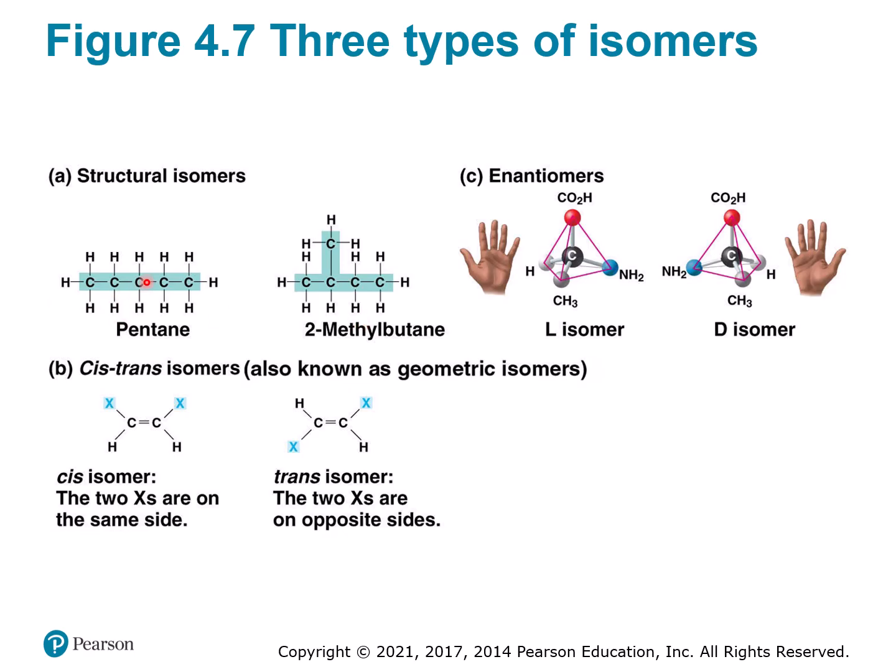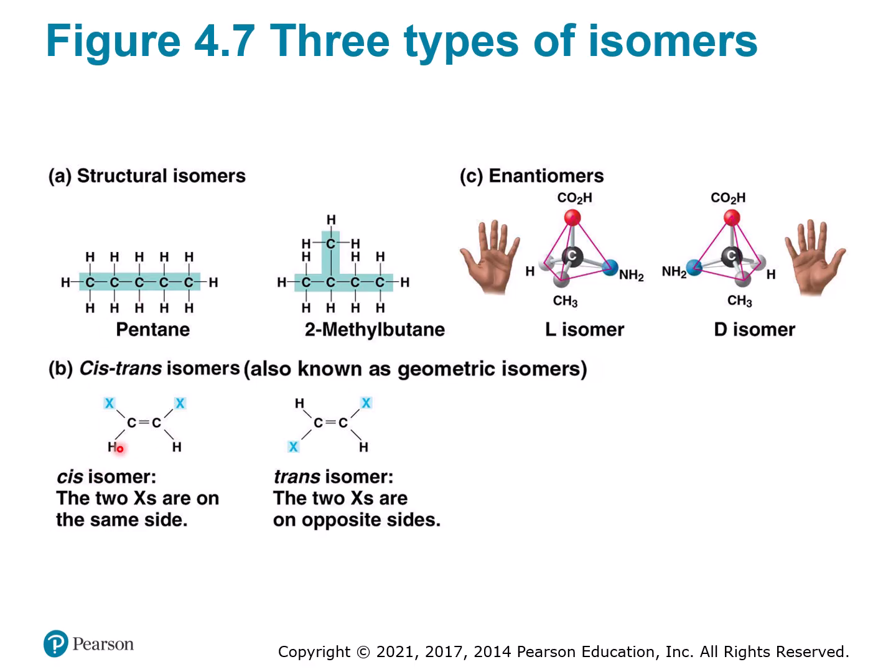So 1, 2, 3, 4, 5, 6 carbons, and then you count your hydrogens, 12 hydrogens. So C6H12. This is also C6H12, but notice that the arrangement is different, the location of the different carbons. Their structures are different and they're isomers because they have the same molecular formula.